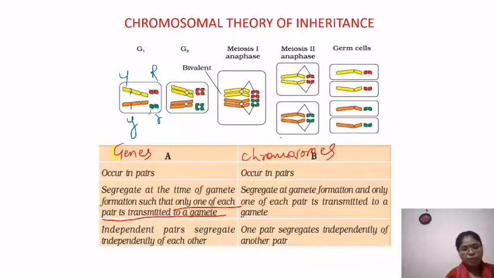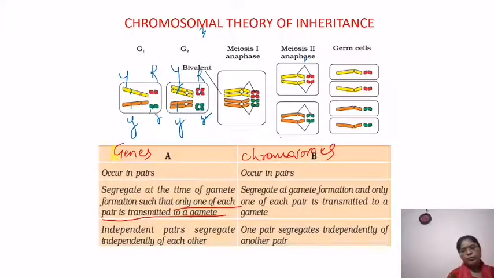So they have duplicated, and here both will be capital Y and here both will be small y. Here both will be capital R and both will be small r. And now when they segregate, you will get all things you know about it.